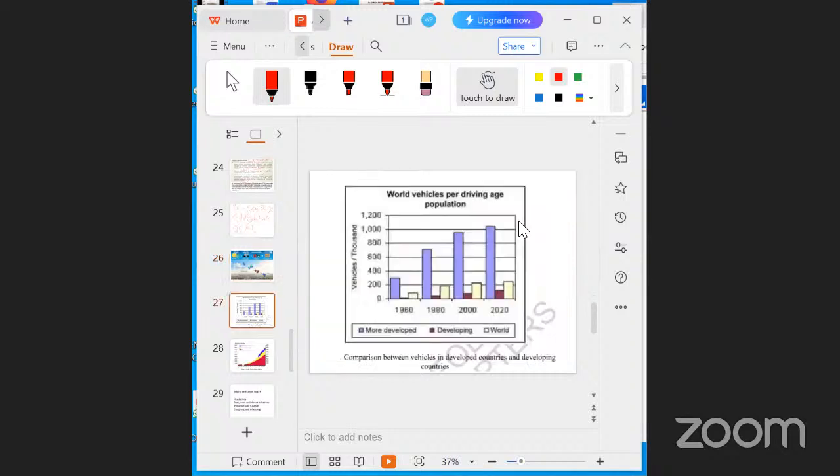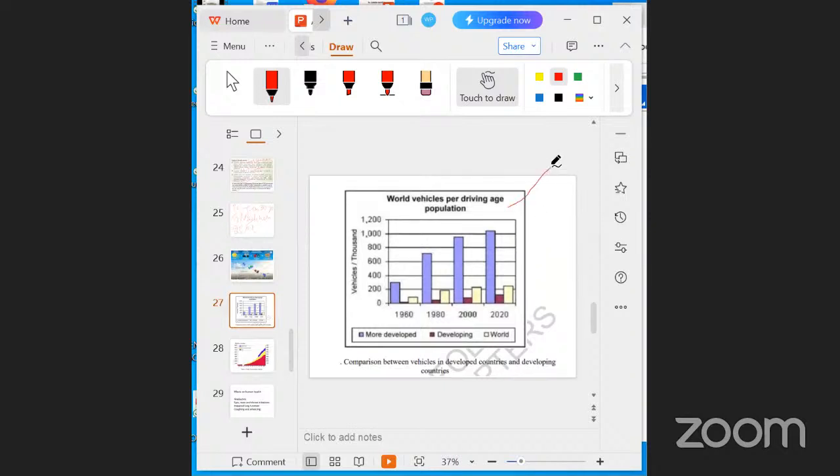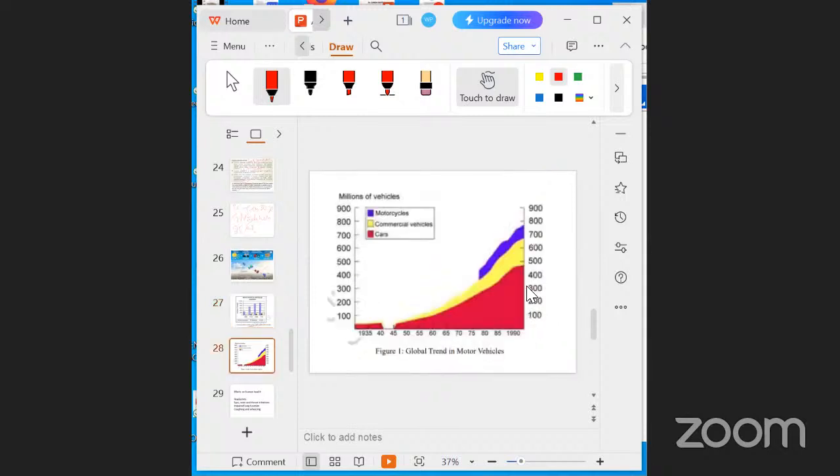I will tell the next slide. This is the world vehicles per driving age population, the years from 1960 to 2020. You also observe that blue are motorcycles, yellow are commercial vehicles, and red are cars.